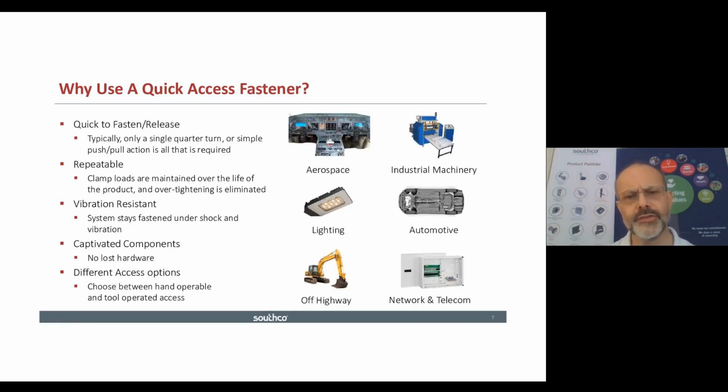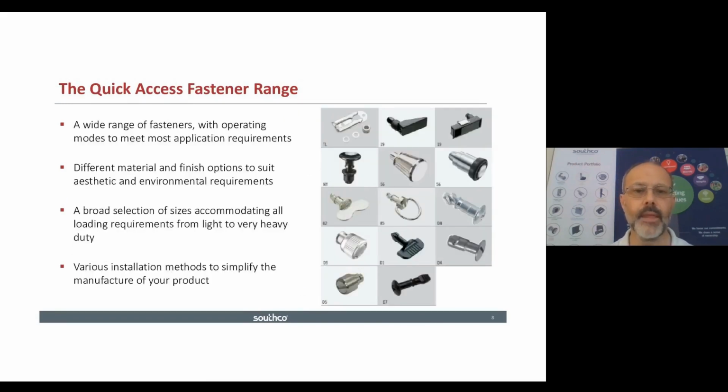And because of all of those features, we do cover many different industries: aerospace, industrial machinery, lighting, automotive, off-highway in particular from a vibration-resistant perspective, and network and telecommunications, where captive fasteners are important. So lots of different industries, lots of different markets, lots of different applications.